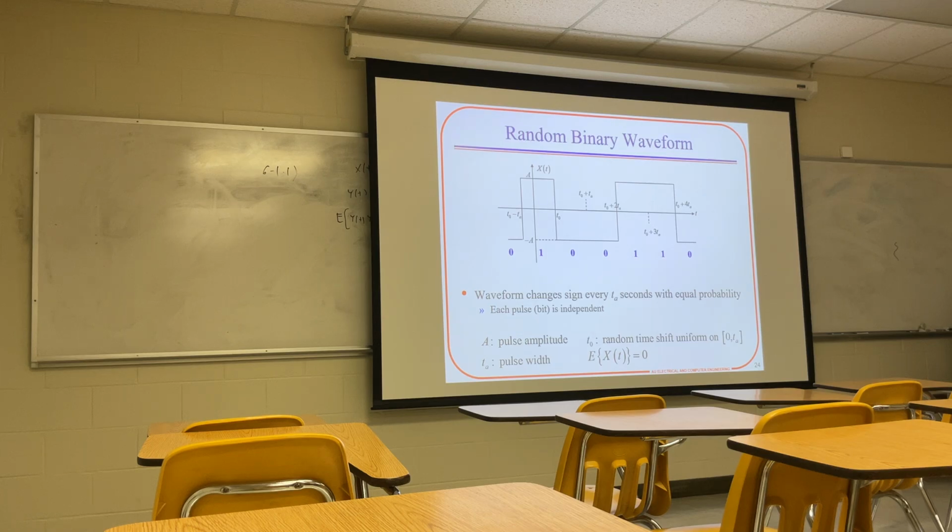In other words, this is just a plot of one particular statistical variation. So here's time, here's TA from here to here, and it can be an A or it can be a minus A. You all with me on this class?